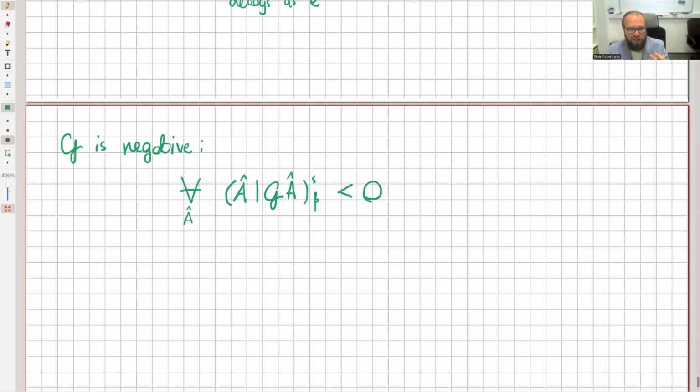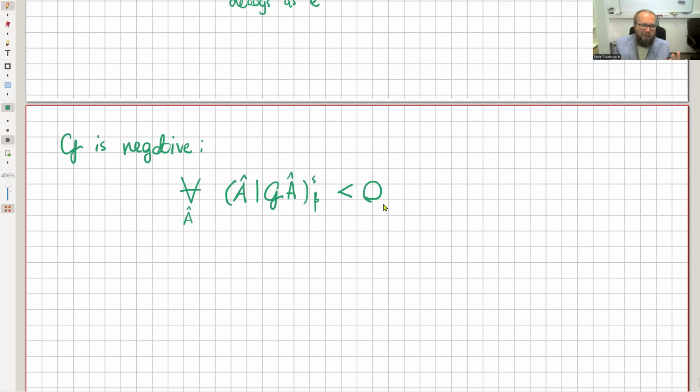This is what it means to show that the operator is negative. If you show that this is greater than zero, you would show that it's positive. Greater or equal to zero would be positive semi-definite. Smaller or equal to zero would be negative semi-definite.